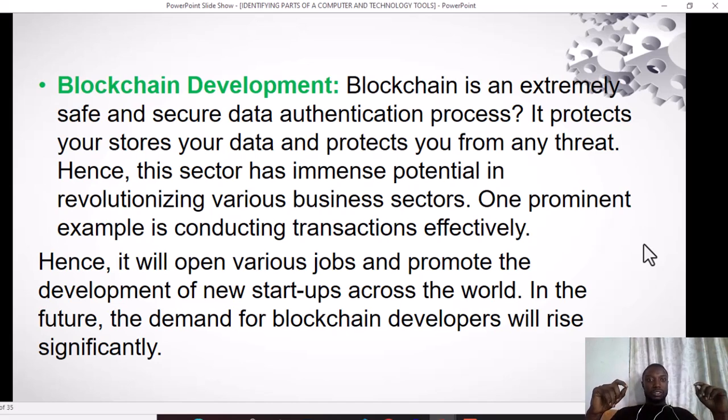Hence it will open various jobs and promote the development of new startups across the world. In the future the demand for blockchain development will rise significantly.